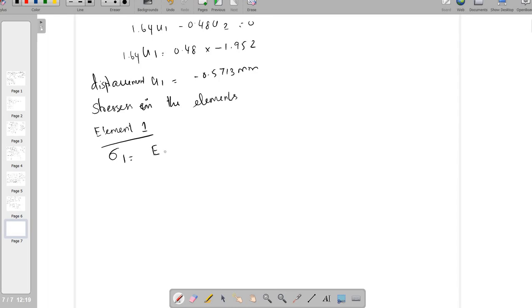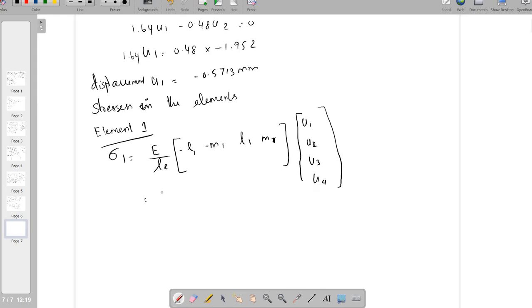We can write E by L times minus L1, minus M1, L1, M1, with the displacement coordinates of element number 1: u1, u2, u3, u4. So you know the value of Young's modulus, 70 into 10 power 3, and the length 500. You know the value of L1 is 1, so minus 1, 0, 1, 0.